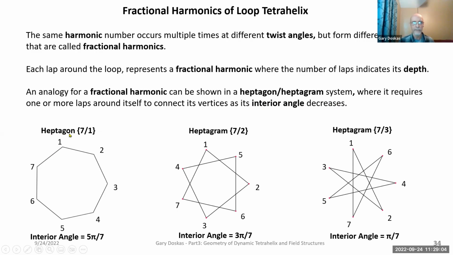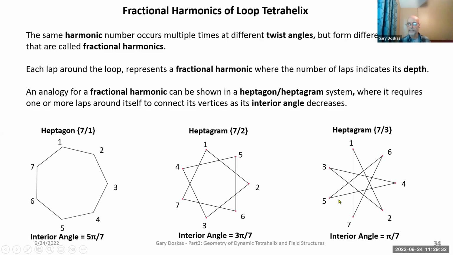So if you look at the heptagon, which is also referred to as the 7/1, you can connect its adjacent vertices in one lap around its perimeter. Now with the interior angle decreasing, we get to the heptagram, referred to with a 7/2 version, where every second vertex is connected, but it takes 2 laps around its perimeter to make the connection.